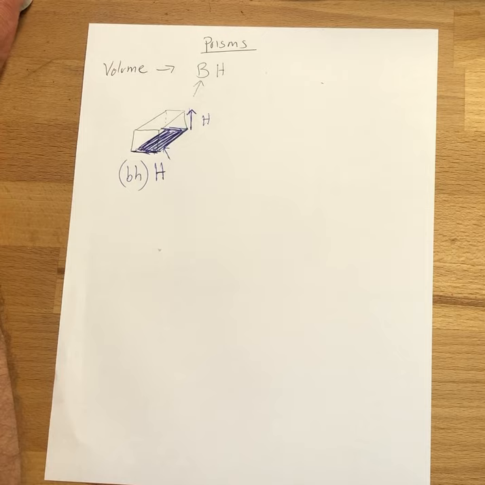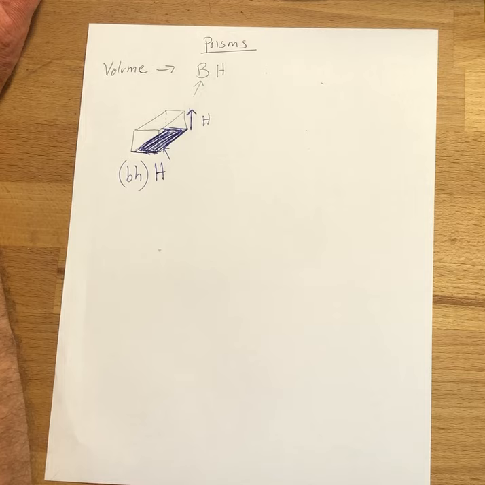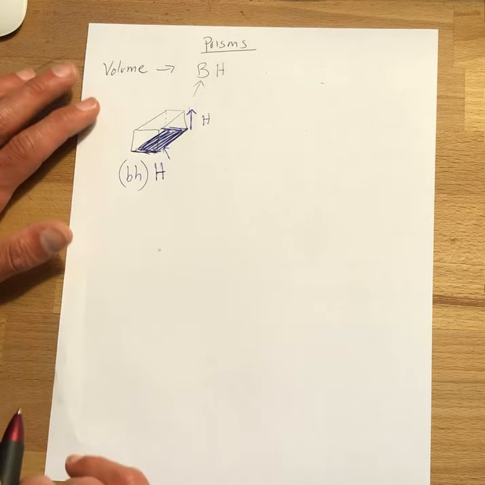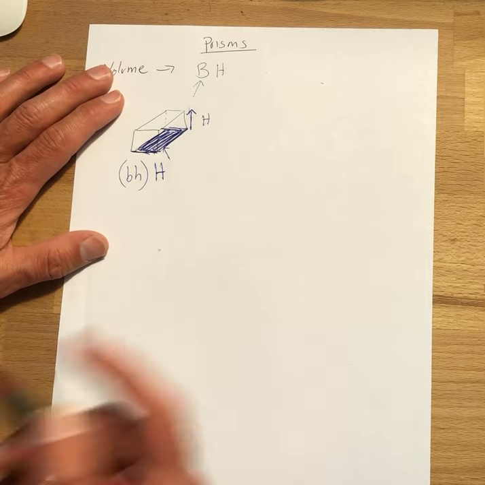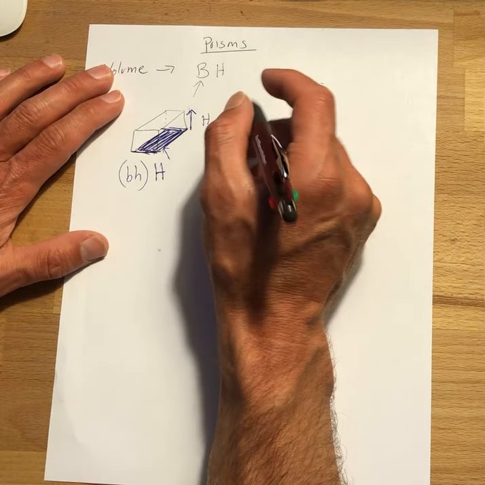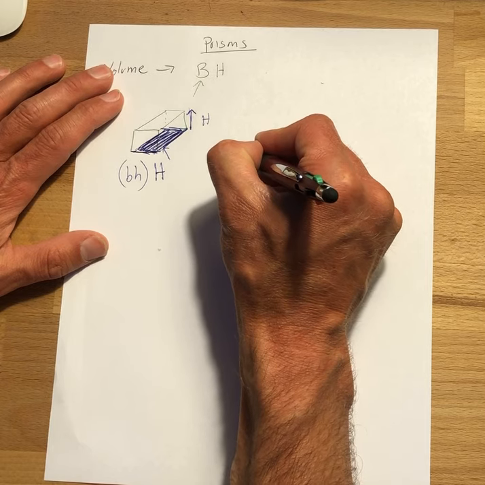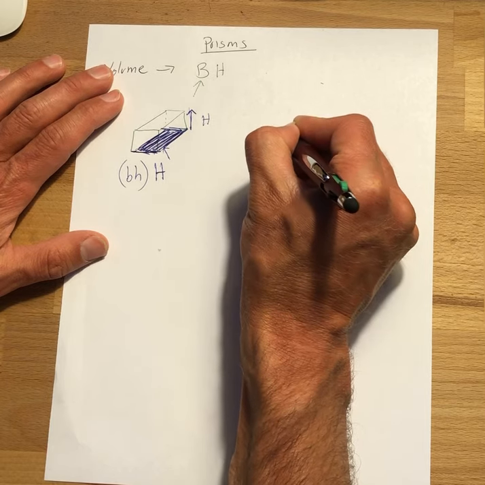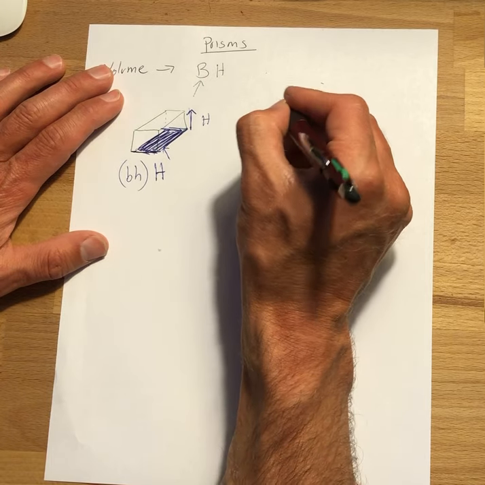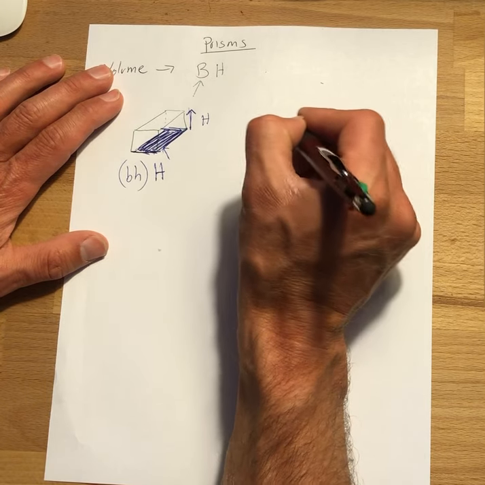So if you go down and look at the example questions for the notes, look at 17, for example. Number 17 has a rectangular base, and the height that it goes up.